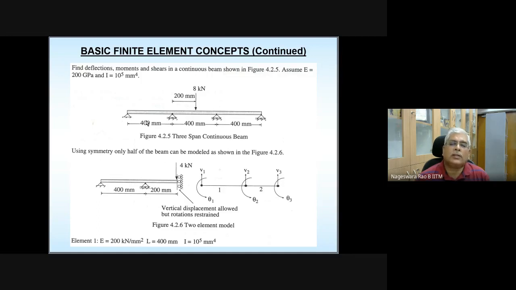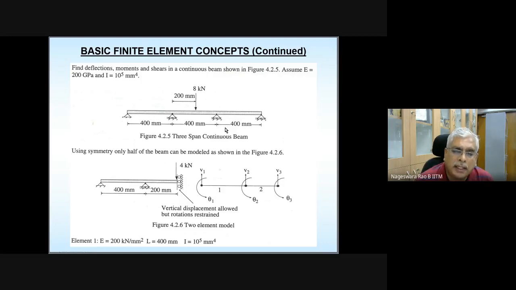In the first span, there is no load, so we can use one element in that span. Suppose only 2 spans are there, a simply supported beam subjected to a point load.